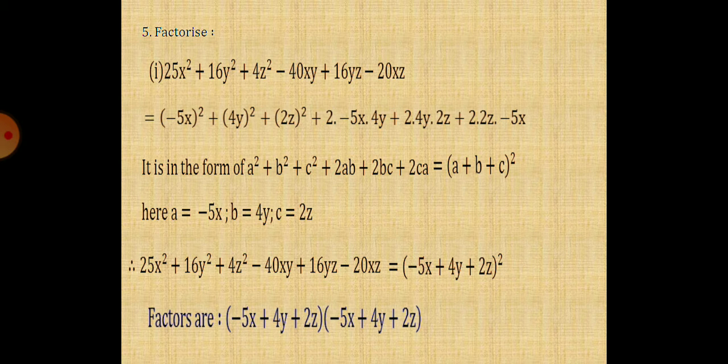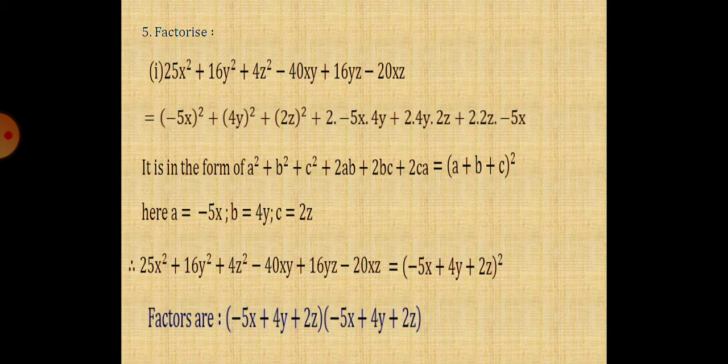Because in minus 40xy and in minus 20xz, x is the common term. So we are writing the given expression in the standard form, that is (minus 5x) whole square plus (4y) whole square plus (2z) whole square. So here we understand a is minus 5x, b is 4y and c is 2z.